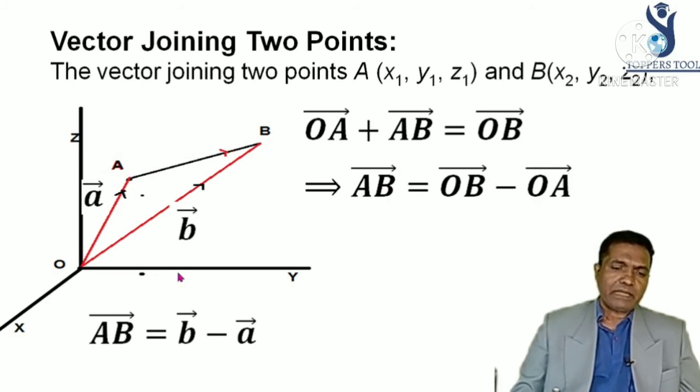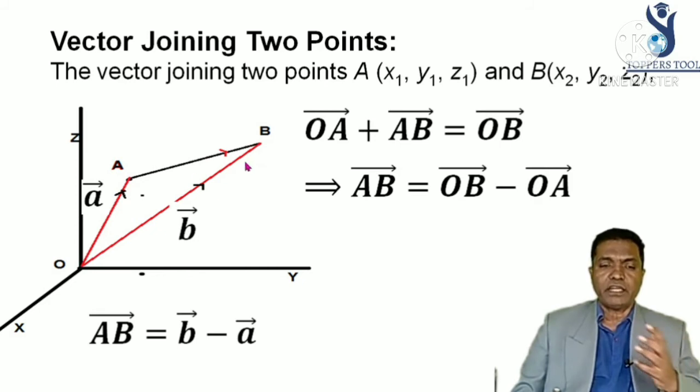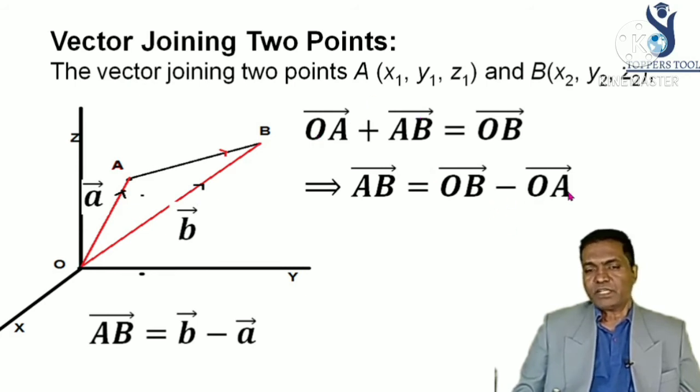So simply apply the addition law of vectors, that is the triangle law. Here vector OA and vector AB are taken in order. By the triangle law of vector addition, the sum of these two vectors, OA plus AB, is this vector OB. Now I want this vector AB, so transferring OA, it becomes minus OA.